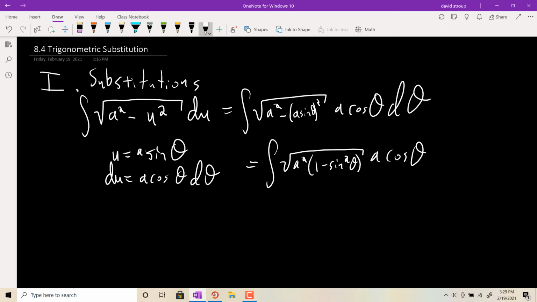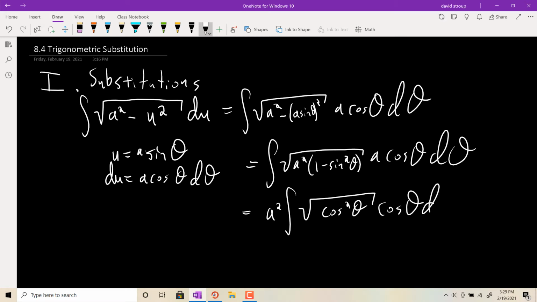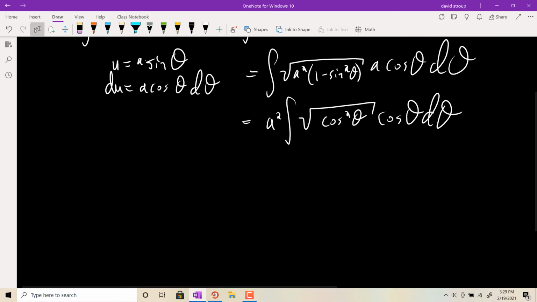A cosine theta d theta. You take the square root of a squared and multiply it with this other a and factor it out. You'll get a squared integral of the square root of 1 minus sine squared, but 1 minus sine squared is just cosine squared from our Pythagorean identities, right? And then the end result is that the square root goes away, and you'll have cosine times cosine, or cosine squared theta d theta.